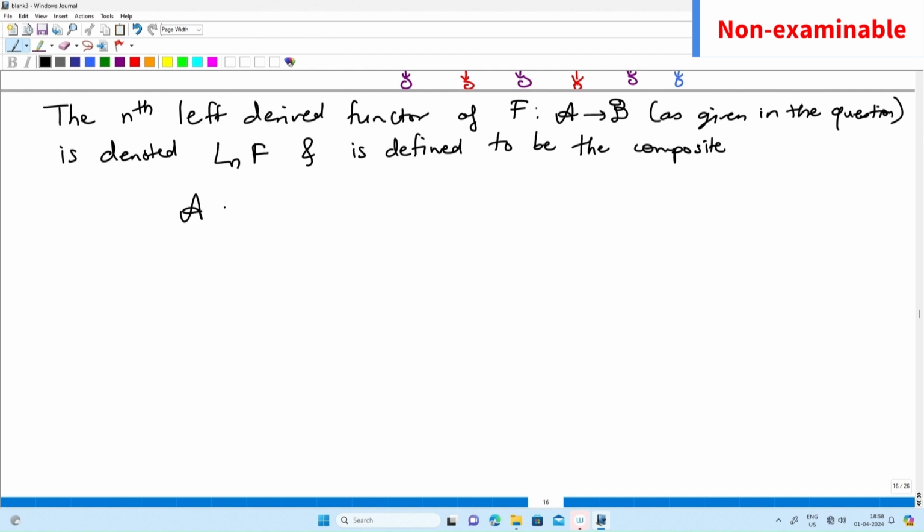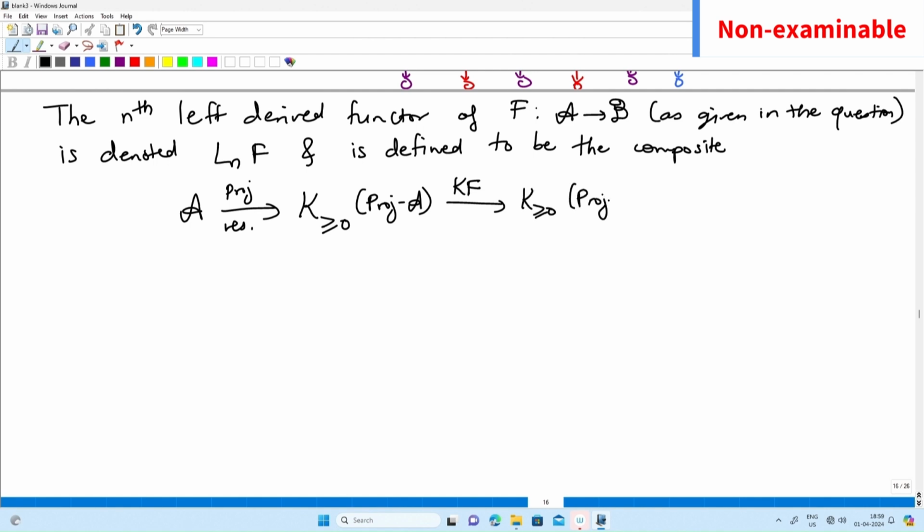Okay, first start with A, then you take projective resolution. Where do you map projective resolution? You map into this, K_{≥ 0} proj A. Then over here I apply K f. Then I will get K_{≥ 0}.